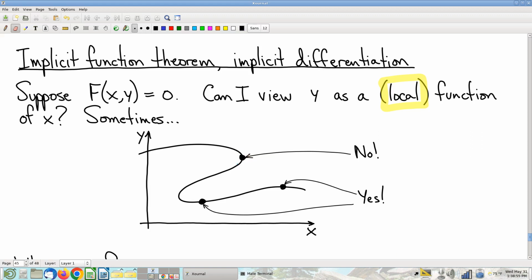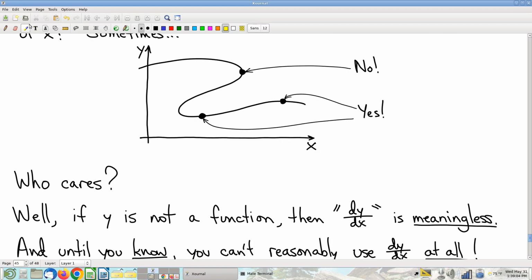Okay. All right. Now, who cares? The reason we care is because if you want to talk about dy/dx, what does dy/dx mean? Well, at a point like this, I really don't care about the fact that there's other points up here. That's got nothing to do with it.